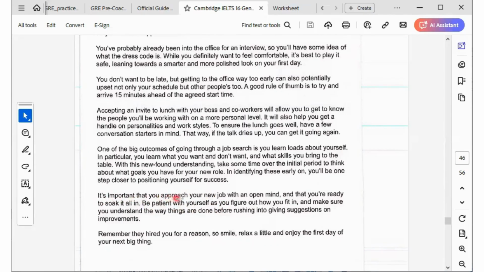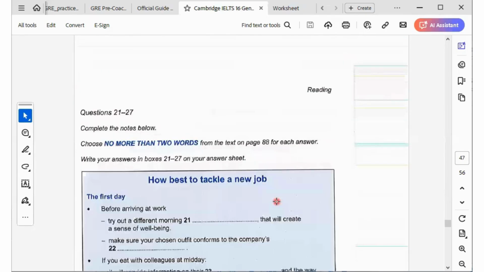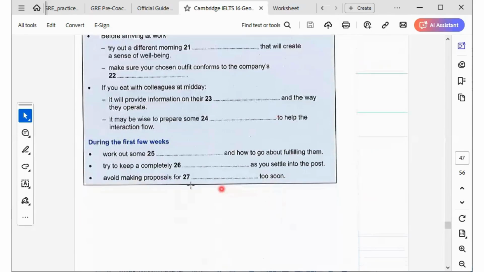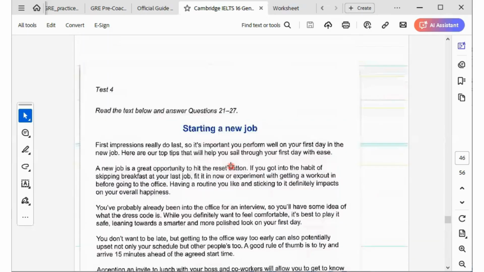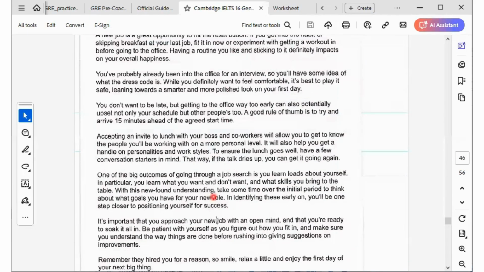It is important that you approach your new job with an open mind. Oh, a completely open mind. Try to keep a completely open mind. And that you are ready to soak it all in.